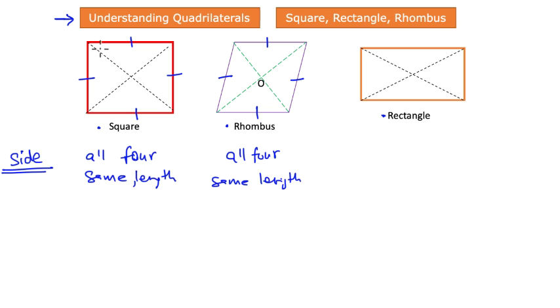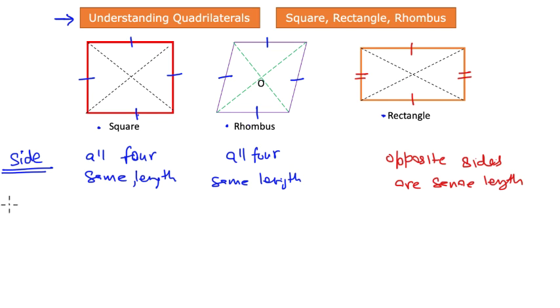And we also know that opposite sides are parallel to each other in a square, in a rhombus, and also in a rectangle. And the only difference between a rectangle versus a square is that only the opposite sides are equal. Opposite sides are equal or the same length. Okay. So with that, we can say that these two sides are also of the same length, right?